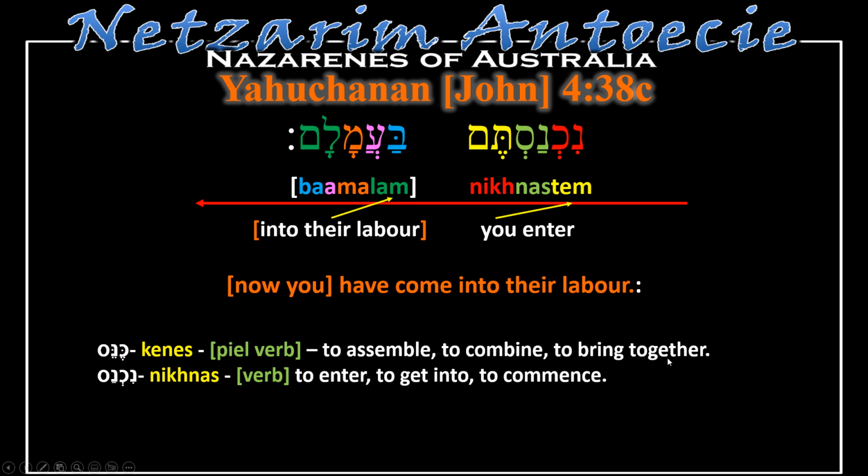So it's interesting, because we remember that the government of Israel is the Knesset. So it means to bring together, to assemble. I just thought that was interesting. But the root word here is niknas, which is a verb to enter. So you enter ba'amalam. And again, the ba meaning into, and the mem sofit at the end meaning their, and then labor or hard labor. Now you have come into their labor.